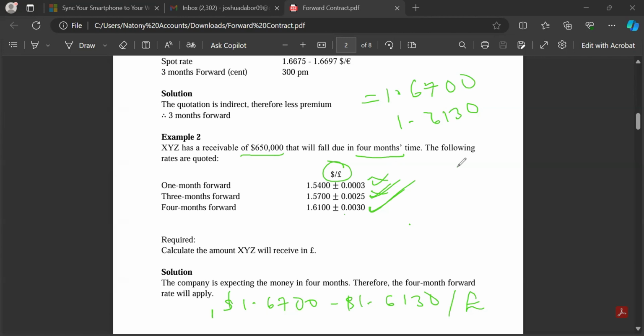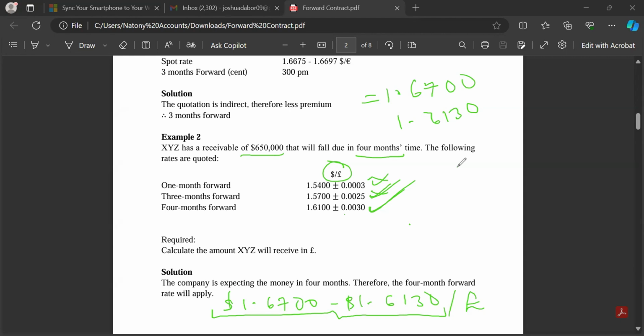From what I've taught so far, let me give you a minute to determine if this is a direct quote or an indirect quote. Okay, I hope you got it.